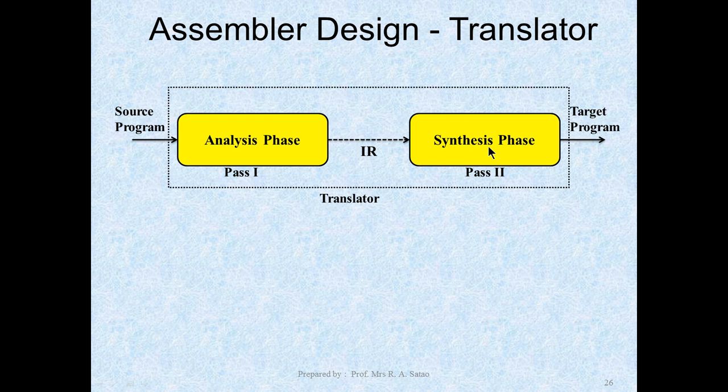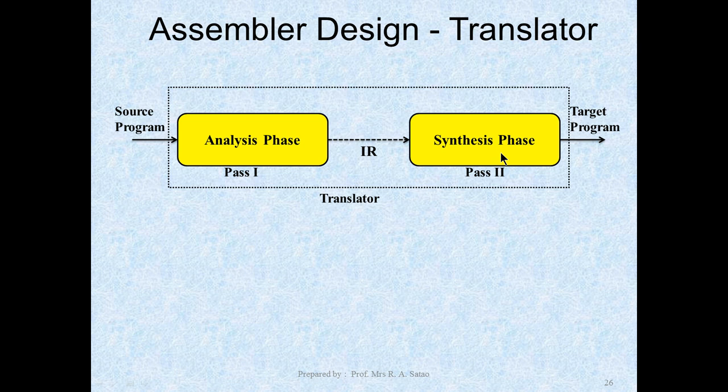Secondly, during synthesis, whatever intermediate representation (IR) is generated by the analysis phase is read once to complete the information of the machine code. So this is reading of the same file a second time. This is called the second pass. So if we are reading a source code two times, we call it two pass assembly. If we are reading it one time, it is called a one pass assembly.